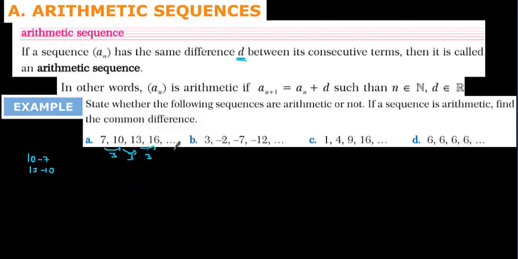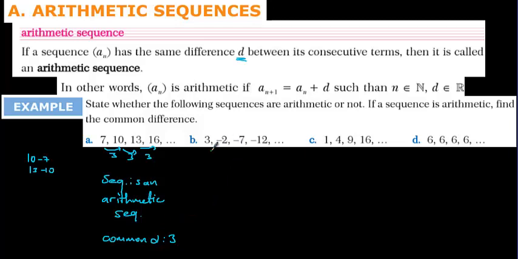So the differences between the consecutive terms are the same. So the sequence is an arithmetic sequence, and the common difference is going to be 3.